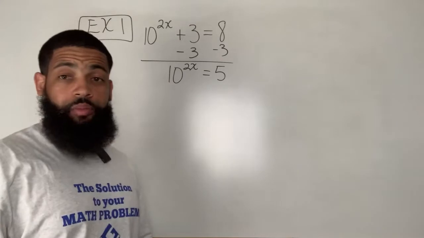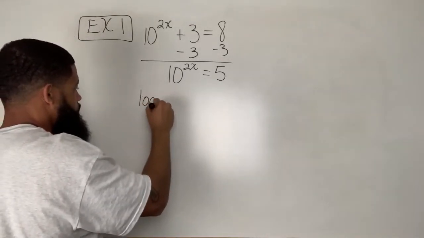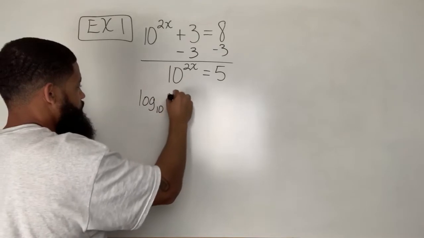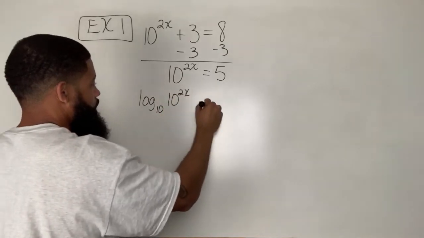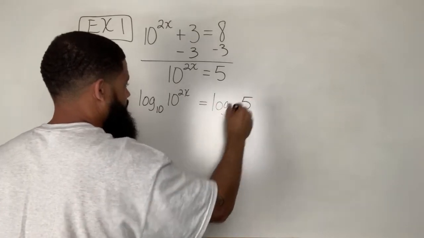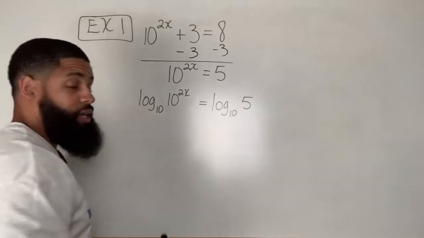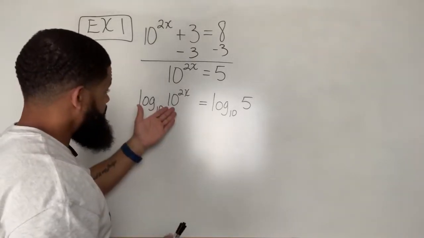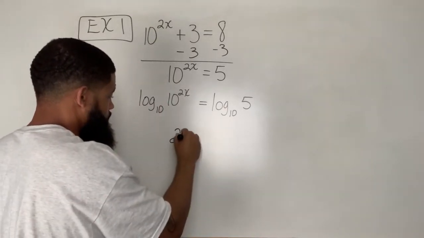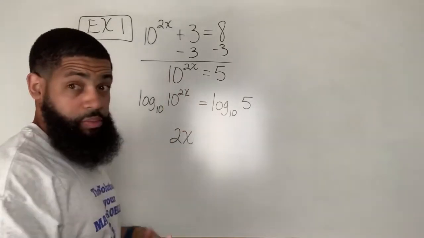Now, according to my rules, I take log base 10 of 10 to the 2x, and I want to do that to both sides, log base 10 of 5. The rule tells me that this side I'm going to be left with just 2x, because 10 to the 2x power equals 10.